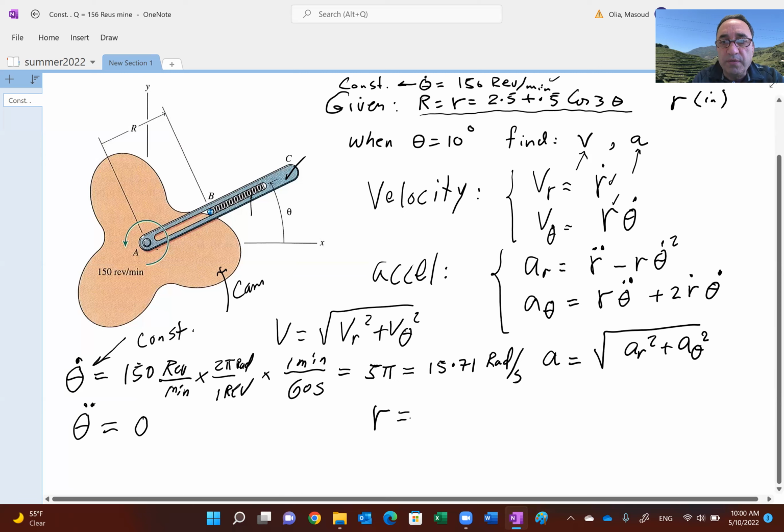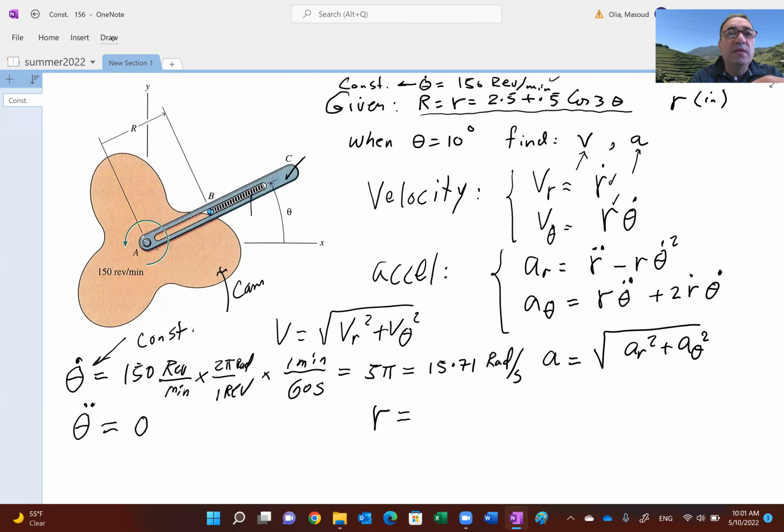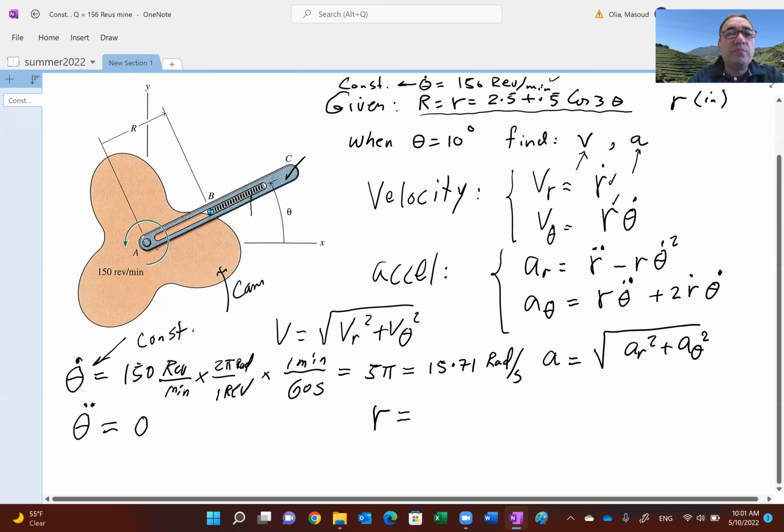By the way, let me give you an idea of what the radial and transverse components are here. The radial component is the extension of the R. So this is the R axis, where the particle is, and the theta axis is perpendicular to that.